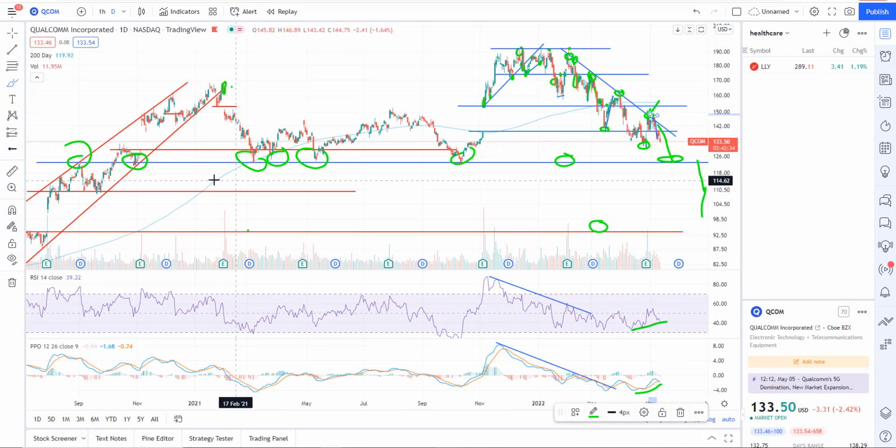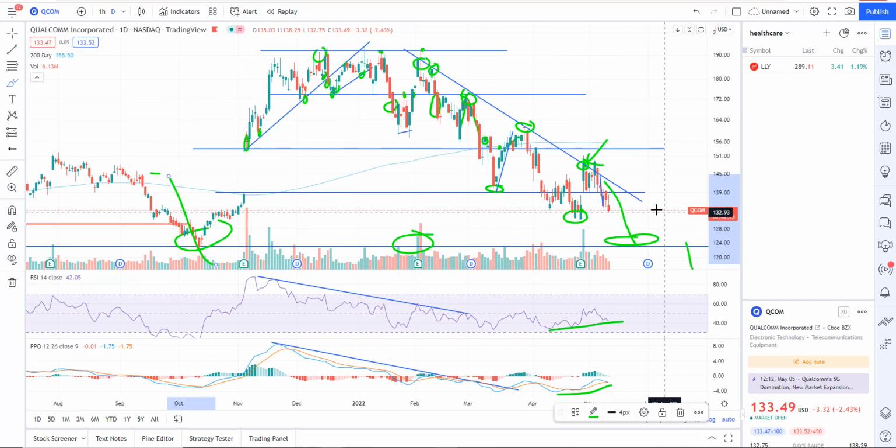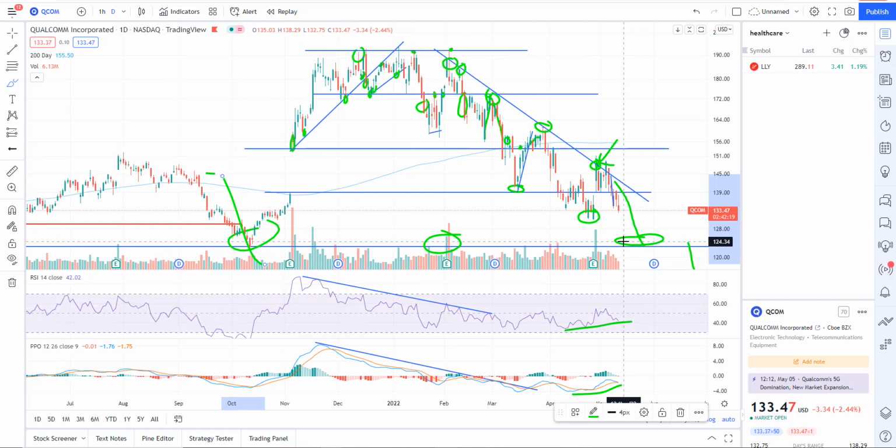You can see all the tags of support right there: resistance, support, support, support, support, support. Very, very good support right down there. Once we get down in that area, I'll cover that. I will be covering this short, probably a little bit early, 124.50 or something like that, but I don't see us stopping till we get down there.